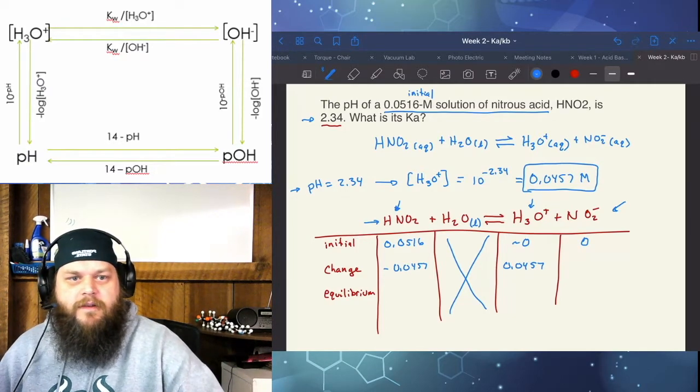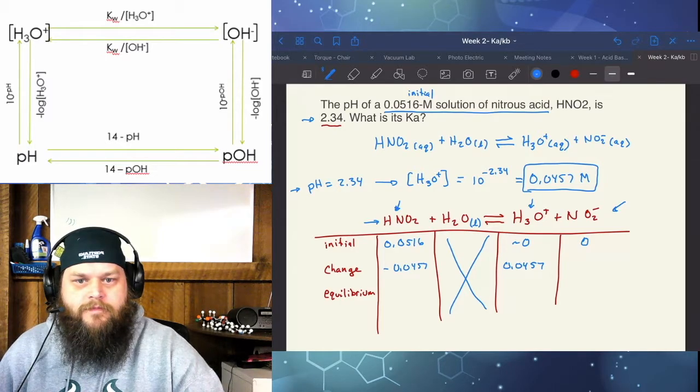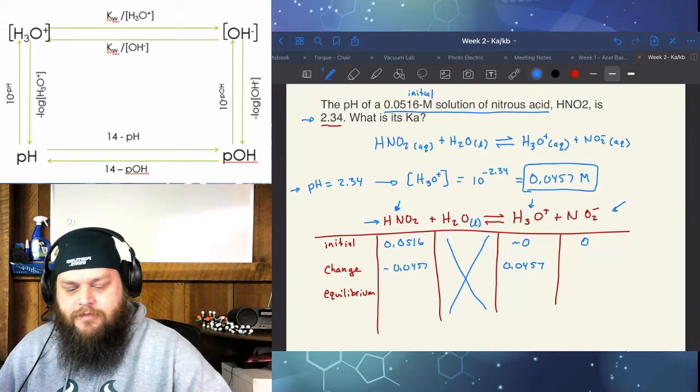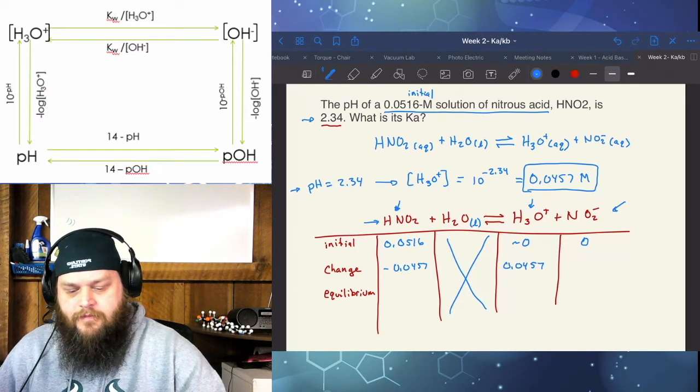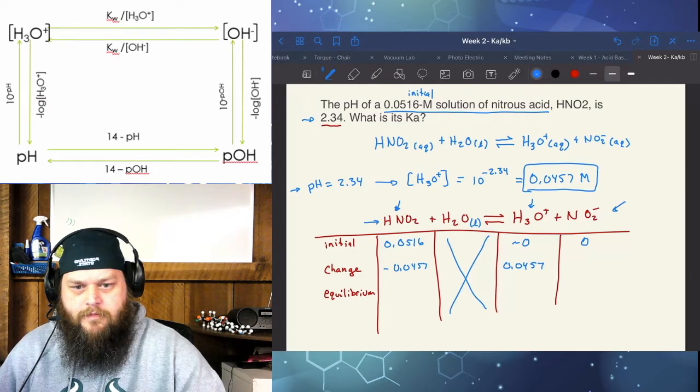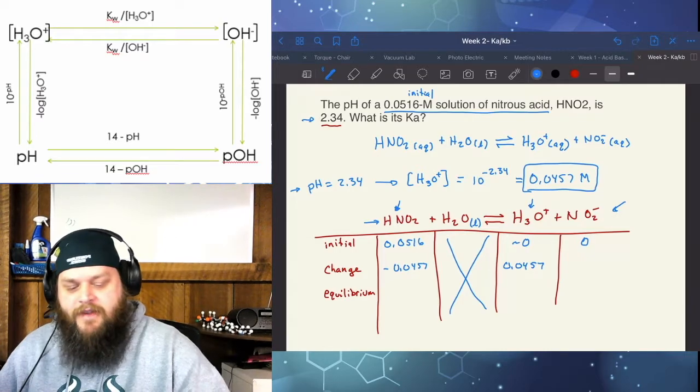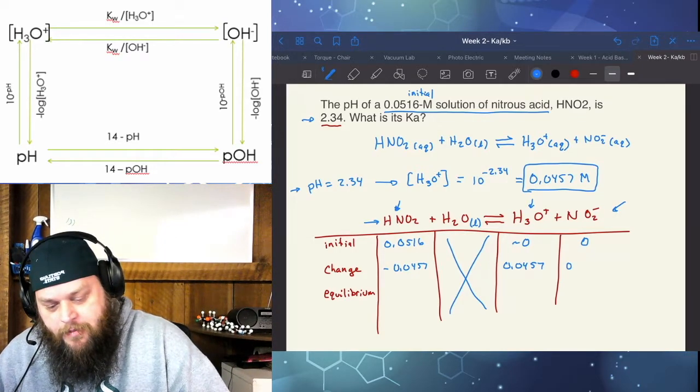Any ideas? Exactly. It would be the same because our conjugate base came from our acid.